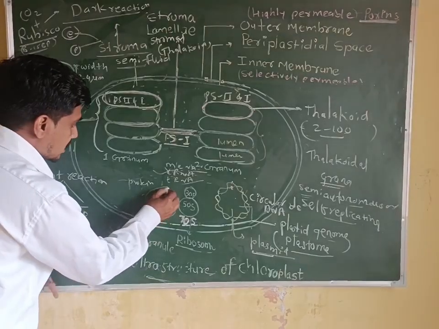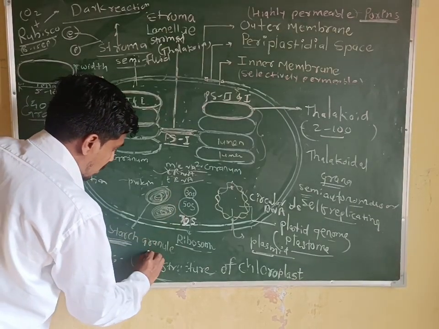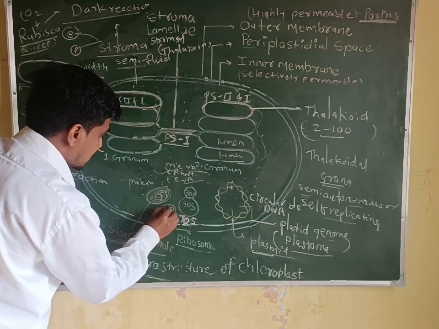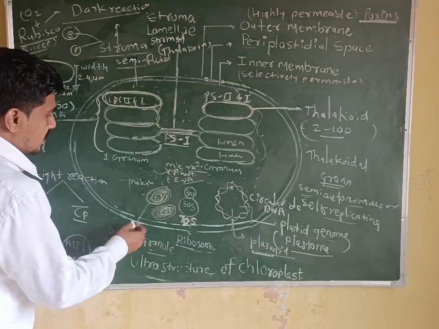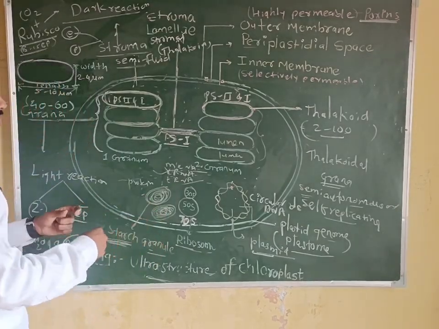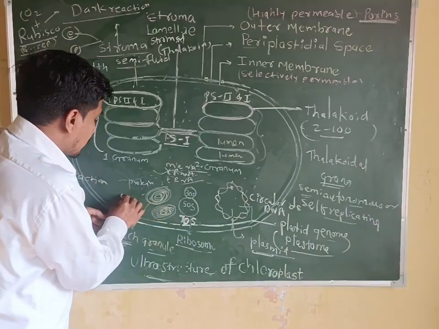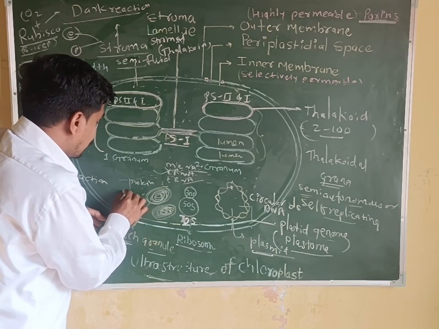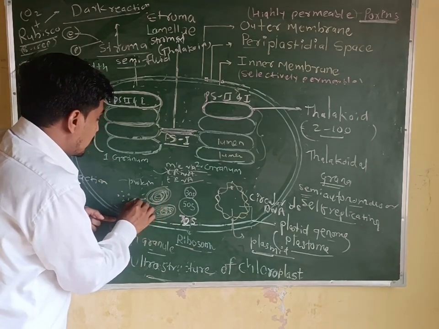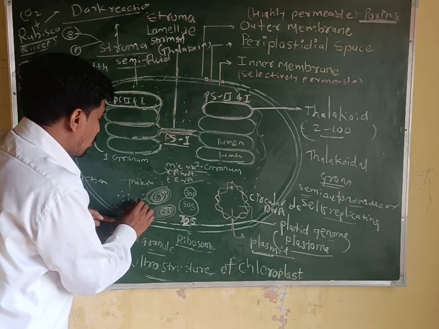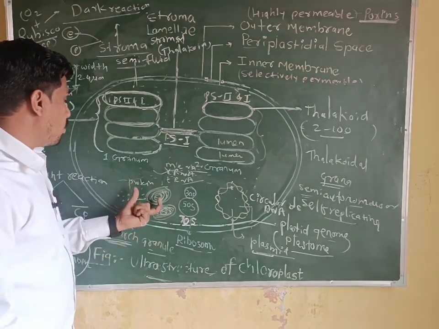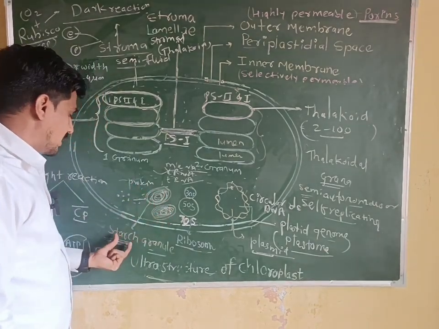So this is a large granule of starch. Its size is large. We know that starch is a polysaccharide, a polymer of glucose. Many glucose molecules come together with the help of covalent single bonds and form a polysaccharide.